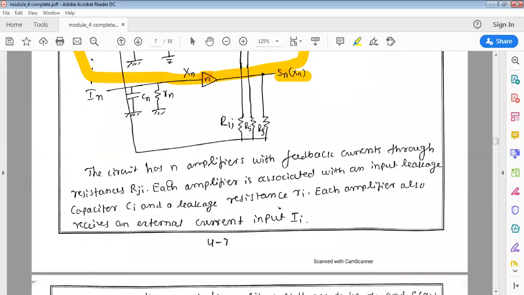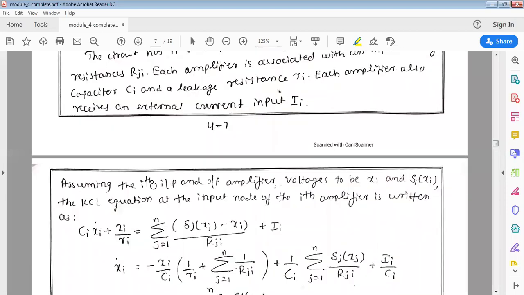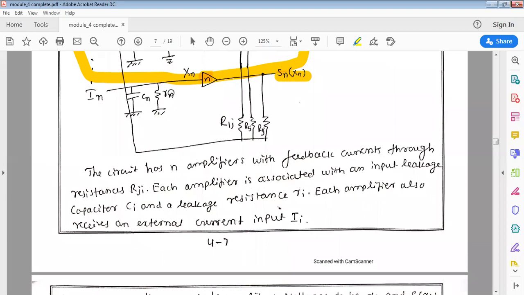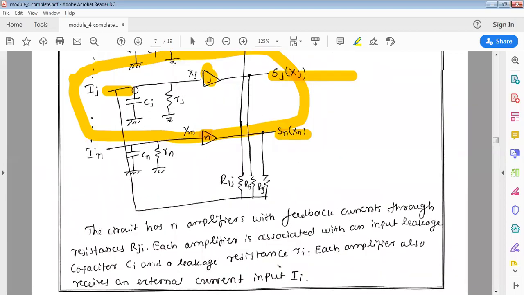In this particular section, what we have is the KCL equation at the input node of the ith amplifier. What is the equation which you can write at the input side of the network? That is, I is equal to C dV by dt. Correct?